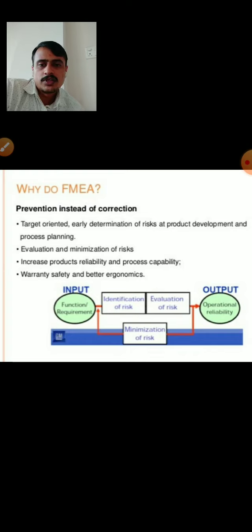The input is function and requirement, then identification of risk and evaluation of that risk, and finally we get output of operational reliability. In risk management, we use the minimization of risk.